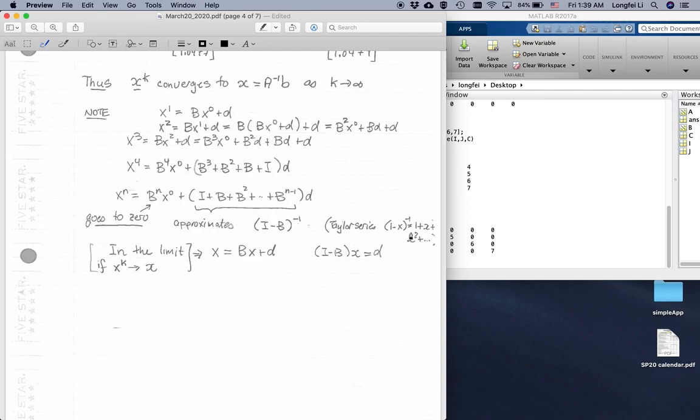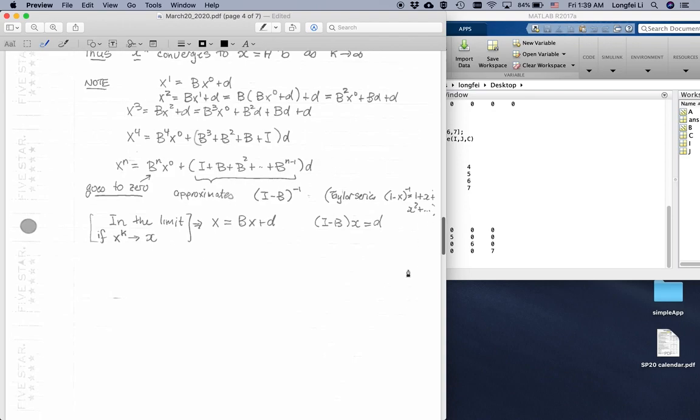So this is analogous to this formula, the Taylor series of 1 minus x to the negative 1, which equals 1 plus x plus x squared all the way up to x to infinity. So in the limit, as k goes to infinity, my xk will go to x, the exact solution of this.